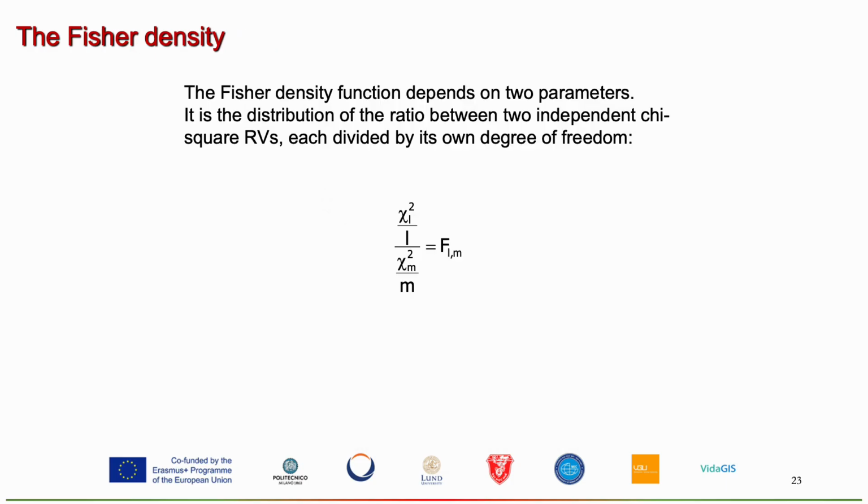The Fisher density function, on the contrary, depends on two parameters. It is the distribution of a ratio between two independent chi-square random variables, each one of them divided by its own degrees of freedom. So we have a chi-square with L degrees of freedom divided by L over a chi-square with M degrees of freedom divided by M.